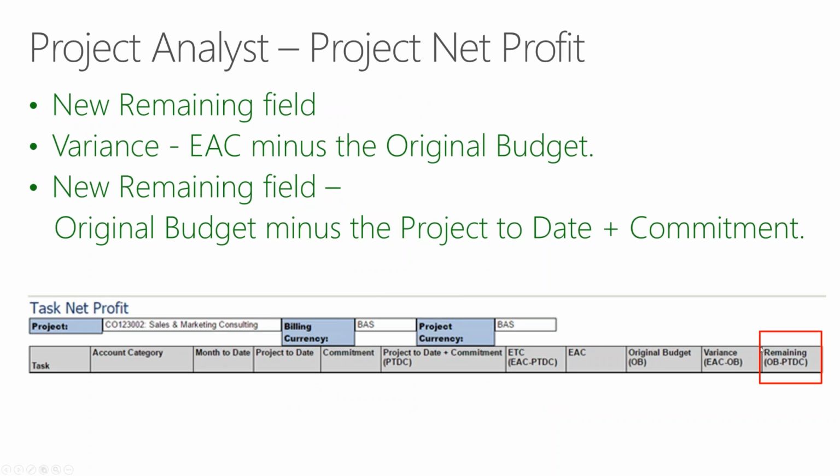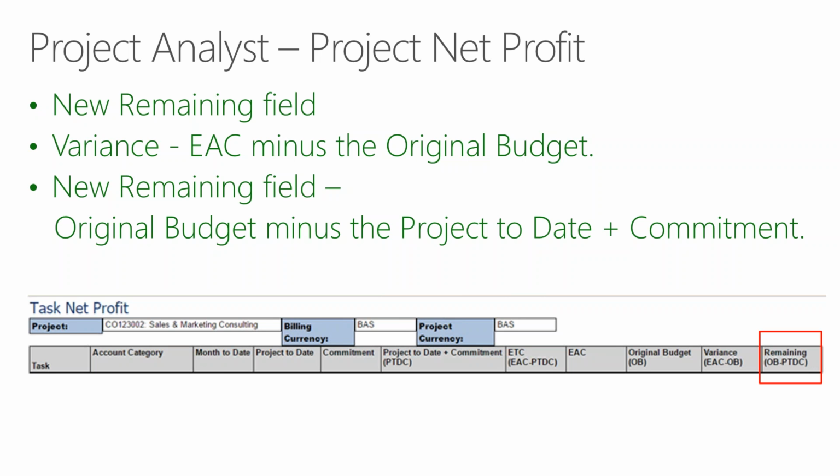Next, we added a new field, again based on customer and partner information. What does that mean? Now I can come into the screen, and not only do I see a variance, but I also see a remaining value. It's basically taking the original budget minus the period to date plus commitments, giving us a new way to look at the information. Now, you might say, Jeff, that's great, but we could have done that.